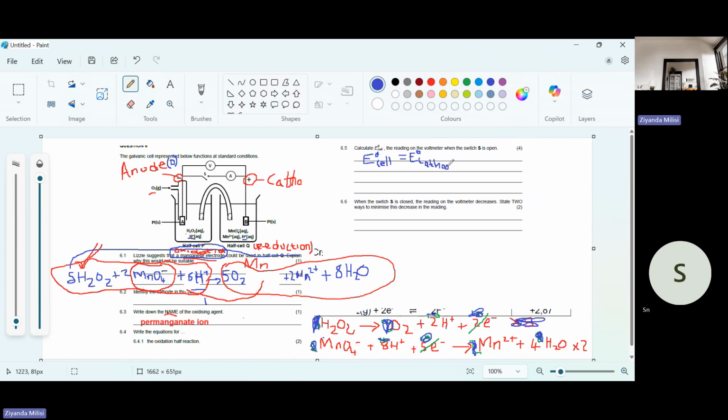Please verify on the data sheet. Is it correct, the formula? Is it E naught cathode minus E naught anode? Have you verified? Yep. Is it cathode minus anode? Yep.